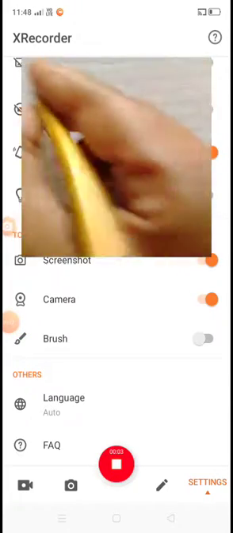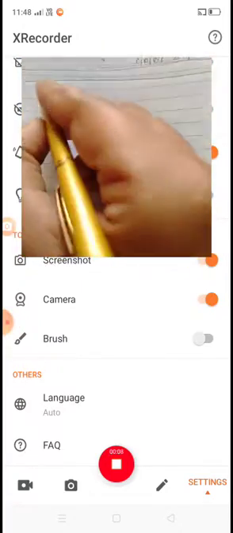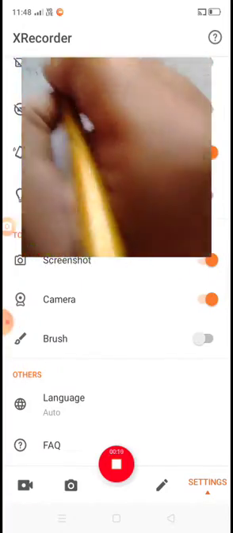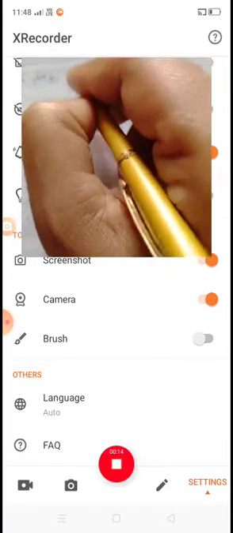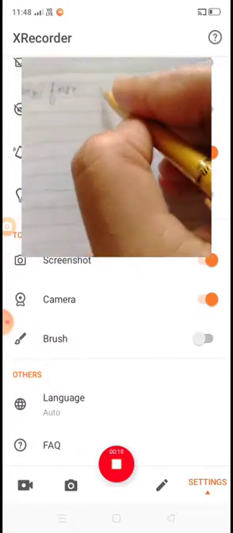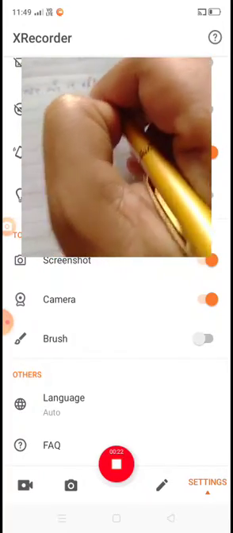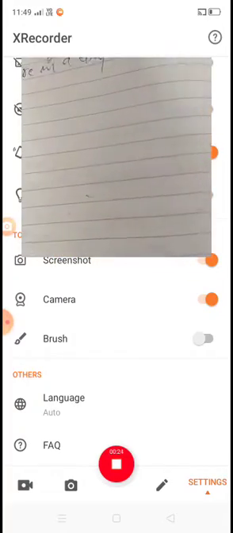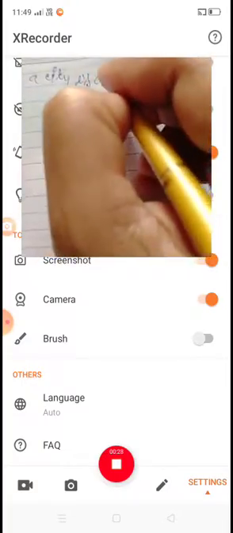Now we take another question. Your question is: the taxi fare in a city is as follows.